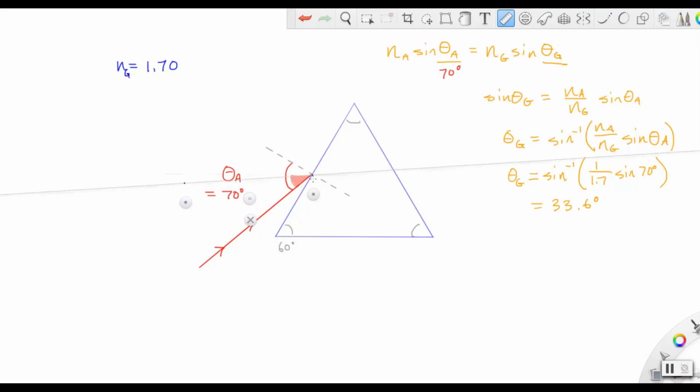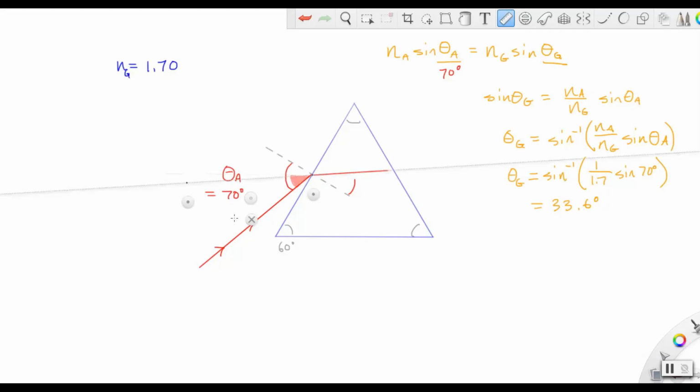But how much? So we're interested in, as a matter of fact, this angle, right? So we need to know how far that's going to go. It's going to go 33.6 degrees. So we're going to go 30 degrees and then an extra 3.6 degrees, which I don't have, but I'll do 4 degrees, which means it's going to go this way.